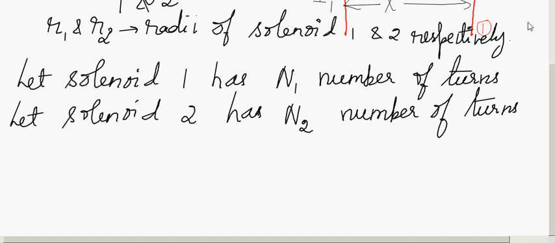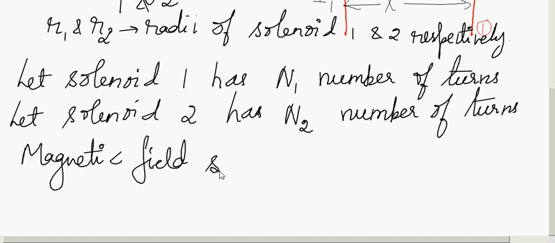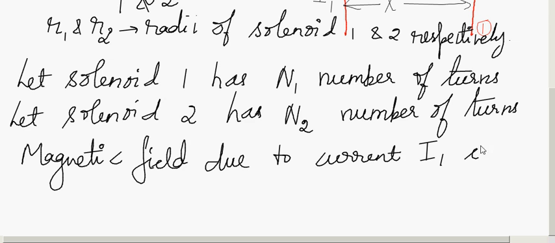So we can write the magnetic field due to current I1 in solenoid 1 as B1.